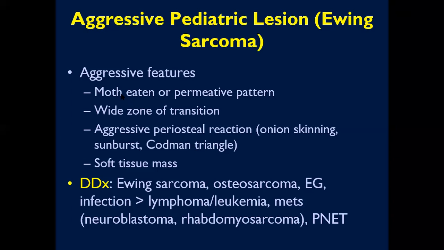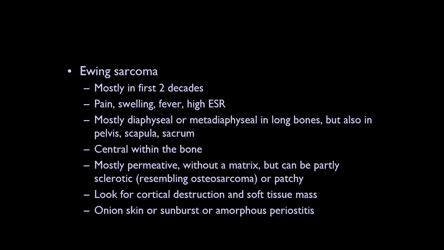So as we mentioned, the pattern of this lesion is moth-eaten, permeative, with wide zone of transition, and has aggressive periosteal reaction and soft tissue mass. So this is some information about eosinophilic granuloma.